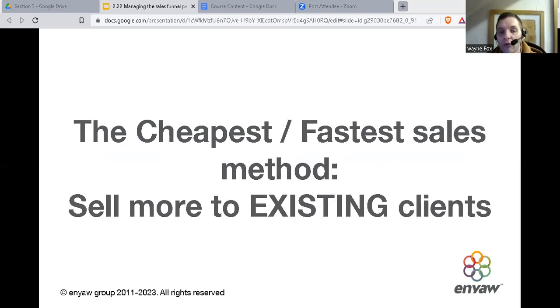Now, sometimes some firms will have an additional stage in the funnel, which is for buyers that are already in your ecosystem, customers that have already bought from you, or you're currently servicing them at the moment. And this stage of the funnel is about how you can sell more to them, because it's a lot easier, cheaper, and faster to sell to an existing customer than to sell to someone you've never dealt with before.